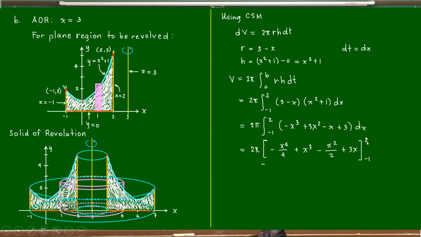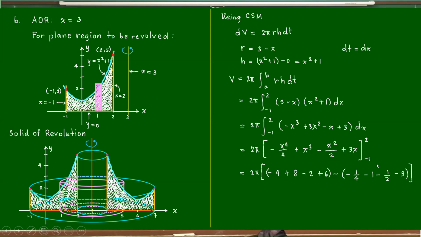So when x is 2, this expression is equal to what? Negative 2 to the fourth over 4 is -4. That is 16 over 4. So negative, then -4. Then this is 8. This is -4 over 2, -2, plus 3 times 2 is 6.